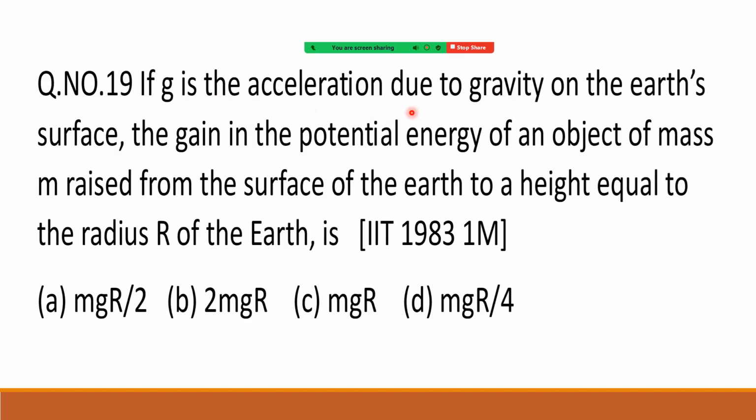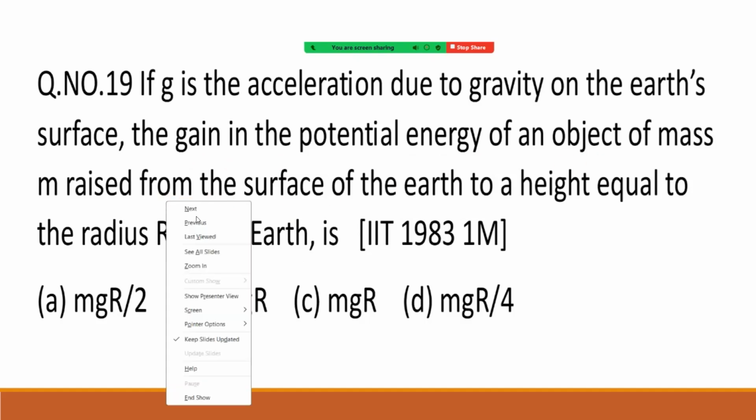If g is the acceleration due to gravity on the Earth's surface, the gain in the potential energy of an object of mass m raised from the surface of the Earth to a height equal to the radius of Earth is. So we are raising to a height equal to r. Then what is now the gain in potential energy of the object? Right. This question was asked in 1983 for 1 mark.